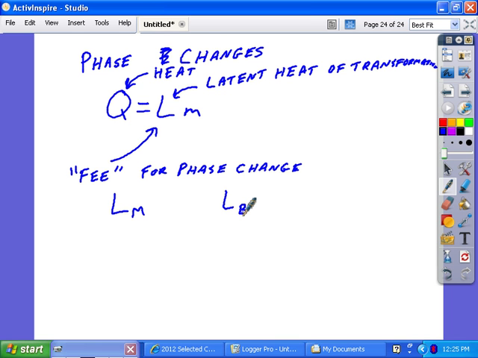So, literally, all it is a handbook value once again. People long ago decided to do all these calculations for you so that you don't have to do it. So, hey, let them do it. Okay? So, literally, all it is, this is your mass of the sample. This is the heat in, and this is the amount of energy that's required to turn this amount of mass from one state into another.